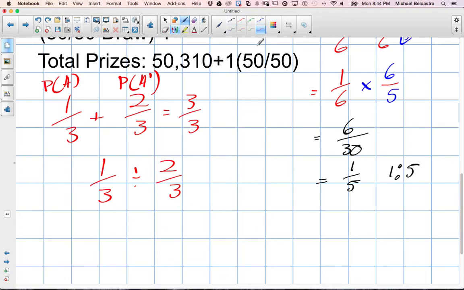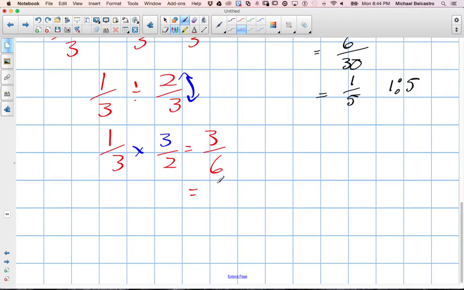Like we said, we invert and multiply for our fractions. So it's 1 over 3 times 3 over 2. 1 times 3 is 3, and 3 times 2 is 6. And your odds are, when reduced, 1 over 2, or 1 in 2 odds.